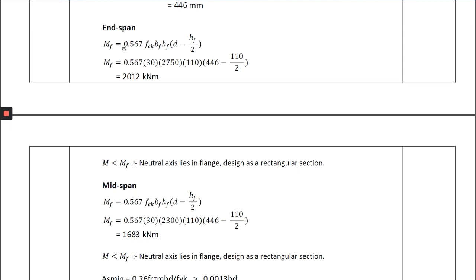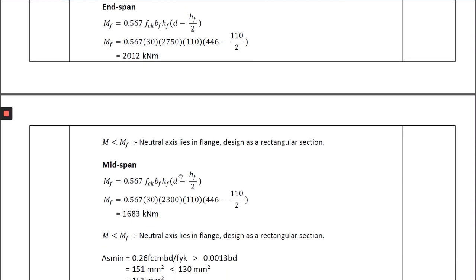MF, which is the flange moment, is equal to 0.567 FCK BF HF times D minus HF over 2. I got 2012 kilonewton meter. M is less than MF, so the neutral axis lies in the flange, therefore design as a rectangular section. For the midspan, I got the same answer.